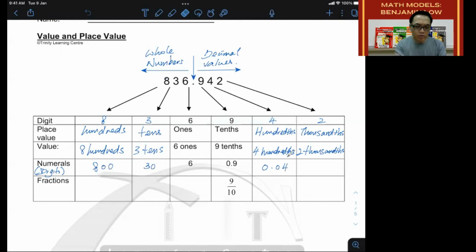Now, a simple way of writing this is simply, if I were to write 836.942, the same number that you see over here, and then I were to eliminate all the digits, leaving only the 4, and replacing all the digits with 0, then you can see that what I need to write is 0.04, like this.